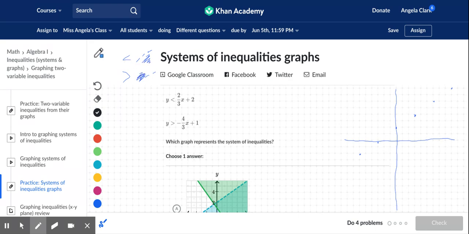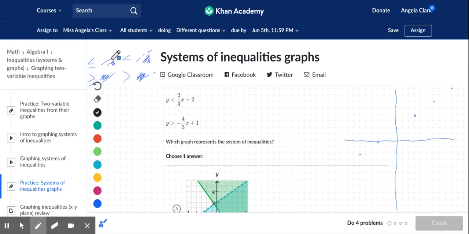If it's less than or equal to, it's a solid line. So the or equal to is what makes it a solid line, and you would shade below it. Less than, you shade below. Greater than, you shade above. Greater than or equal to would be a solid line shaded above.